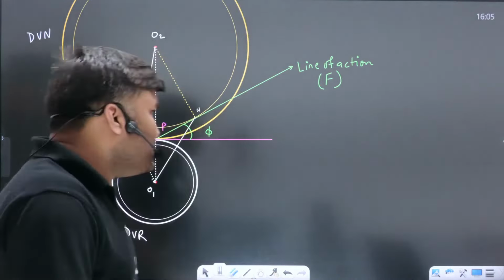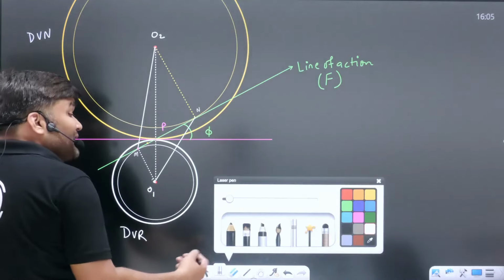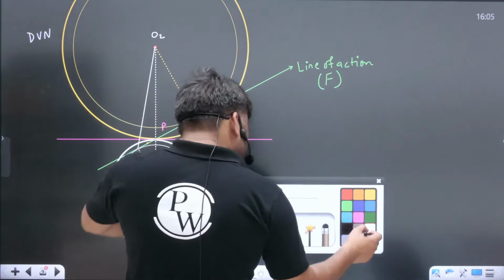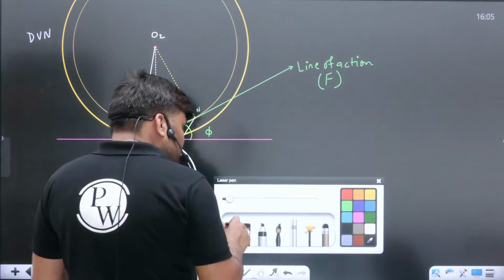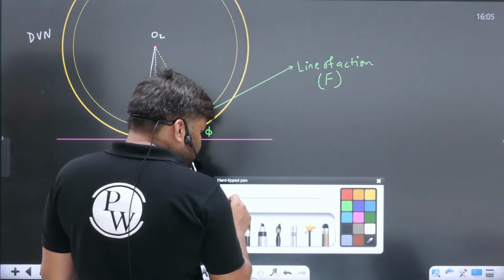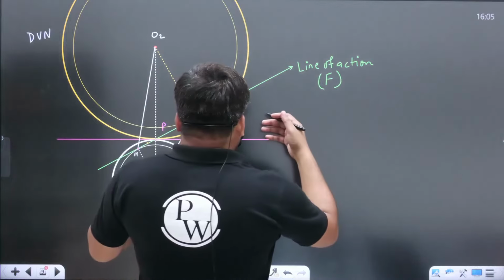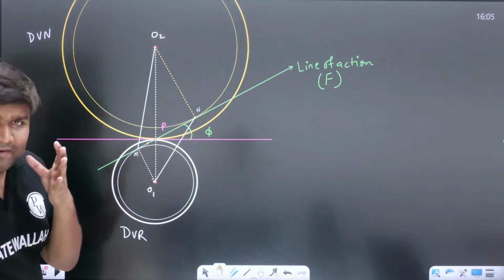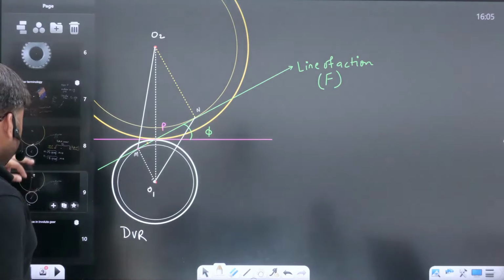So if you can provide a minimum number of teeth on pinion and gear, then interference can be avoided, beta. Getting a point? From here we start getting ideas how to reduce interference. Clear hai?